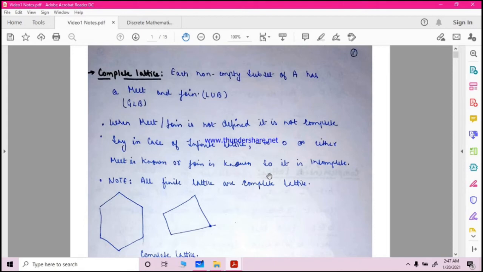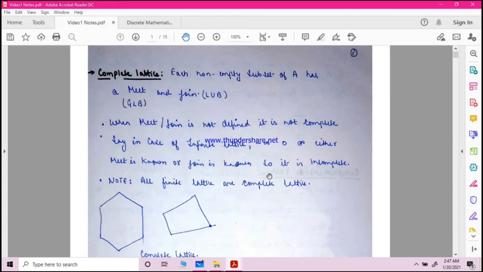In the case of an infinite lattice, the ending is minus infinity, zero or infinity. Either meet is known or the join is known, so it is incomplete. We know the starting position of the diagram, but we are not aware of the ending. As the ending is infinite, in this case either we find out meet or we find out join, but we cannot find out both meet and join.